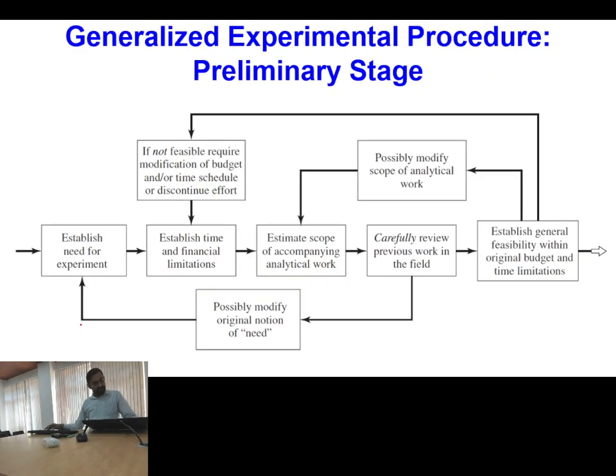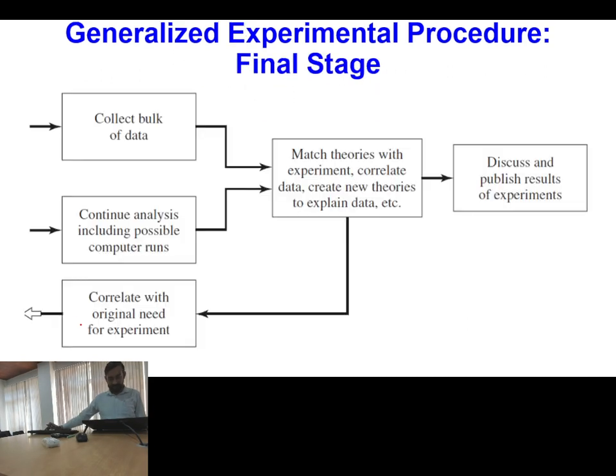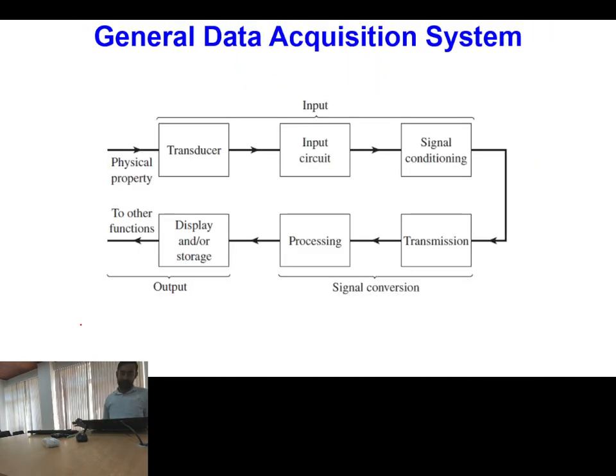So this is the generalized experimental procedure I have already explained to you. You can go through this block diagram, which is the generalized procedure of a data acquisition system. The instrument measures the physical property. The physical property is subjected to the instrument. Then the instrument gives some signal. That signal goes through the input circuit of the instrument.